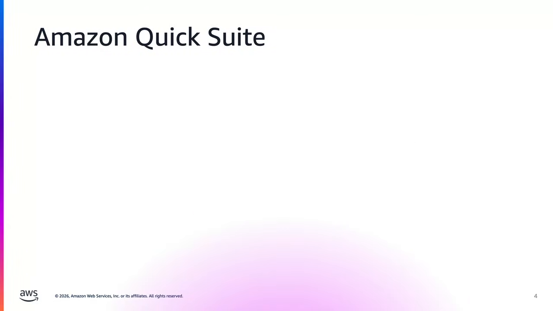Now, what is Amazon QuickSuite? It is a comprehensive generative AI powered business intelligence platform that makes it easy to analyze data, create visualizations, automate workflows, and collaborate across your organization.